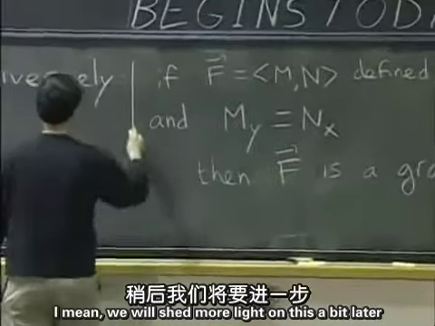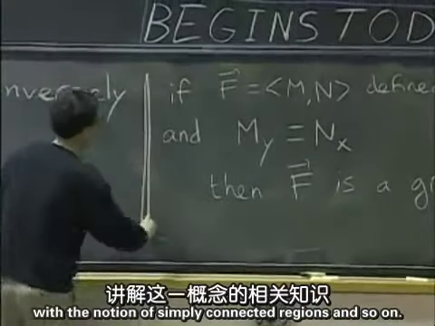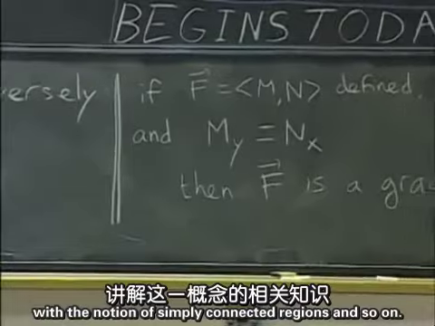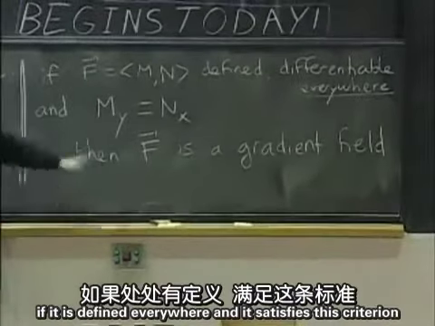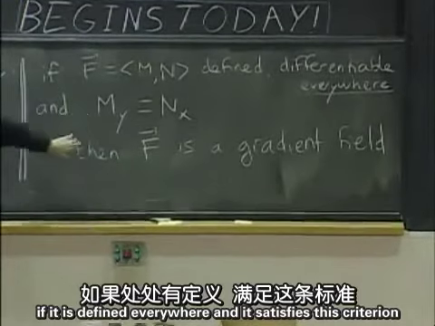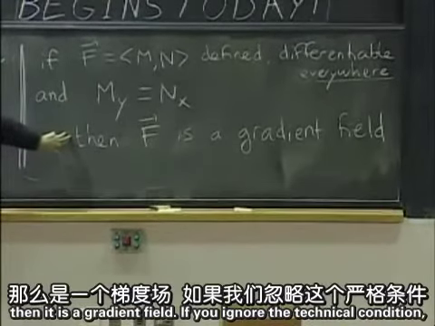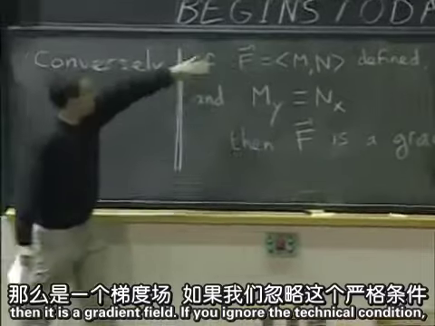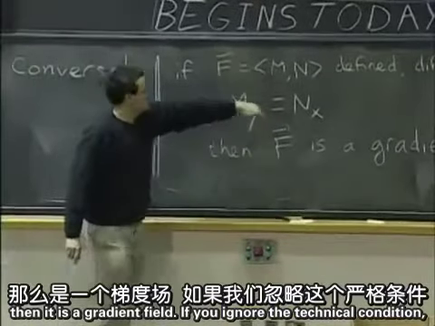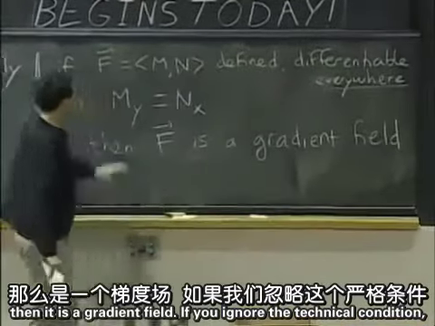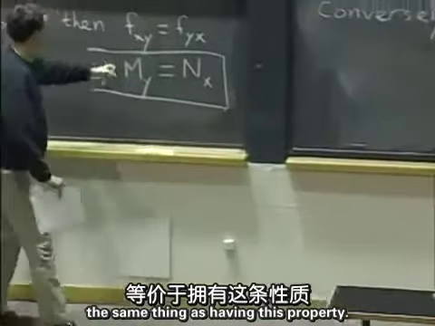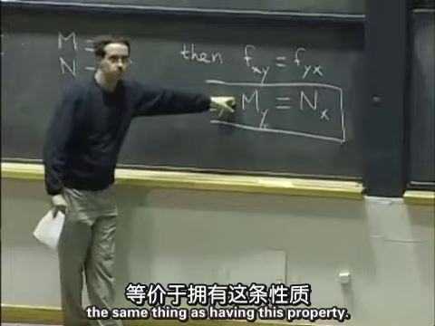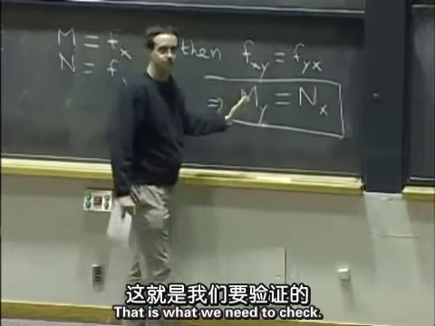We'll shed more light on this a bit later with the notion of simply connected regions. But for now, if it's defined everywhere and satisfies this criterion, then it's a gradient field. So if you ignore that technical condition, being a gradient field means essentially the same thing as having this property. That's what we need to check.